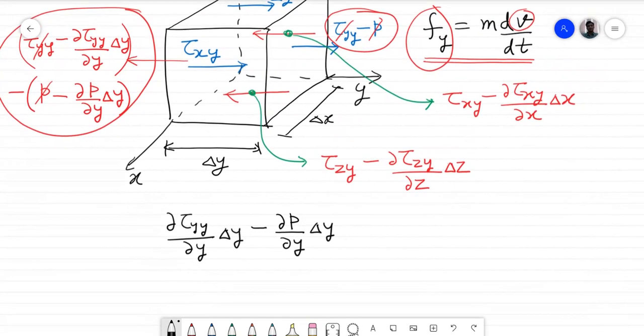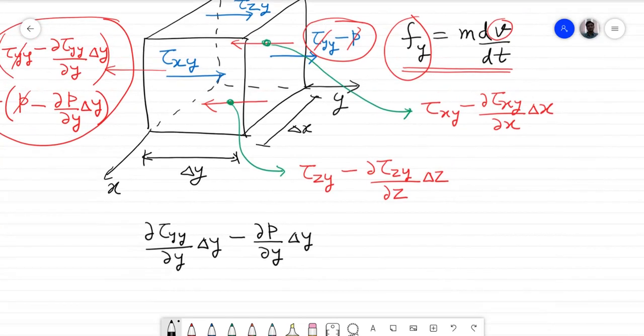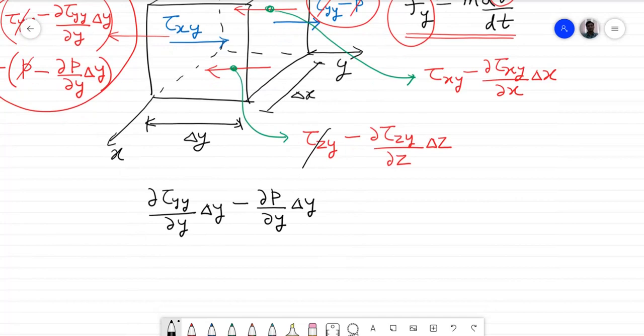Similarly, we can see what will be left from the shear stress components. Tau zy here in the positive direction minus tau zy here, these two will cancel out, and we'll be left with plus. So this is the first part, this is the second part we are writing here. Let us give a little gap between them so that we can multiply with the areas and divide by volumes later on.